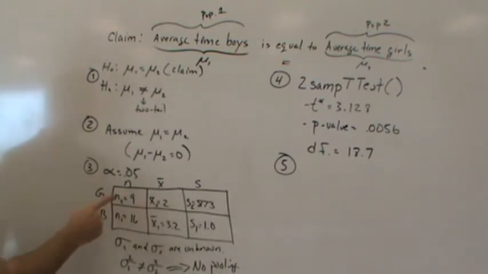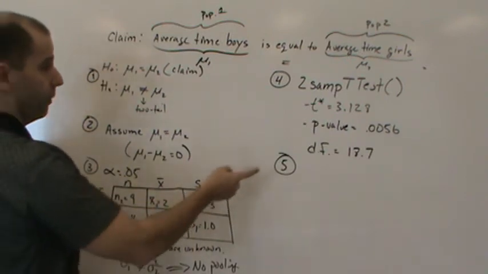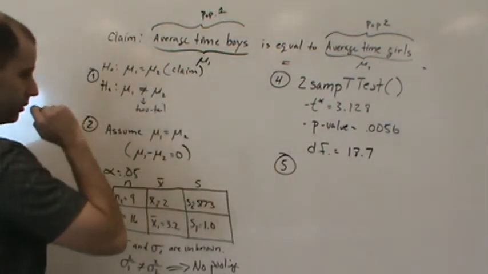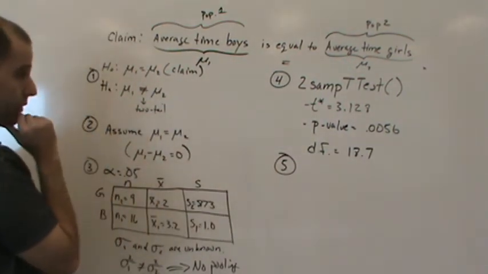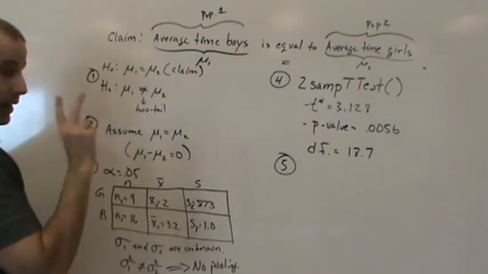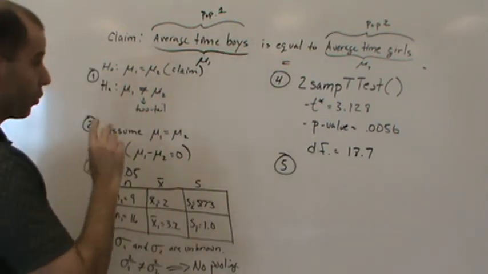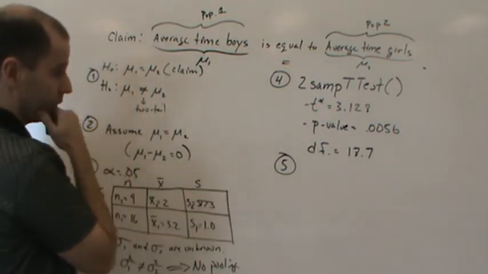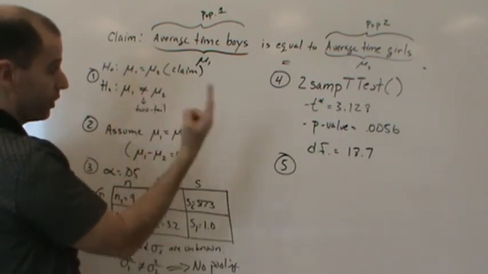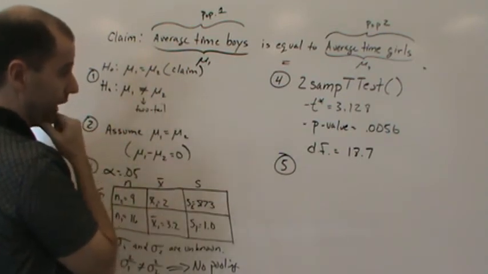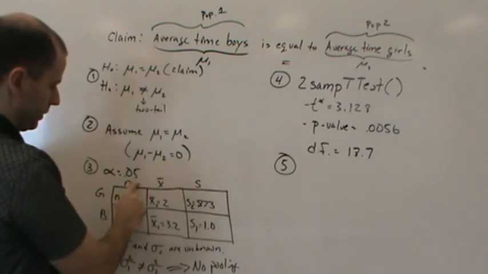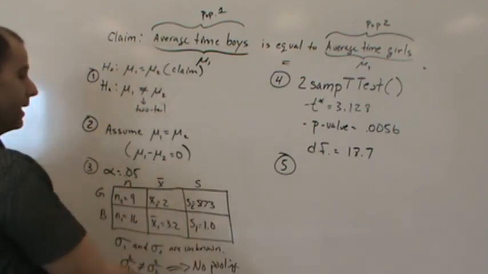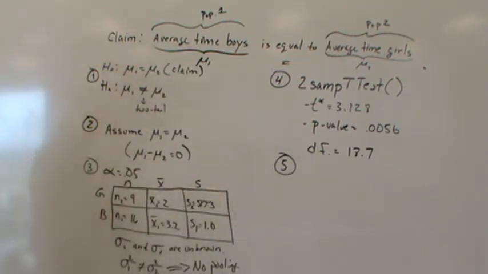I have two critical values, right? So if I use the right-sided, the positive critical value, then the area to the right is going to be equal to alpha divided by 2, which is going to be 0.025, which means the area to the left is going to be 1 minus that, so it's going to be 0.975.